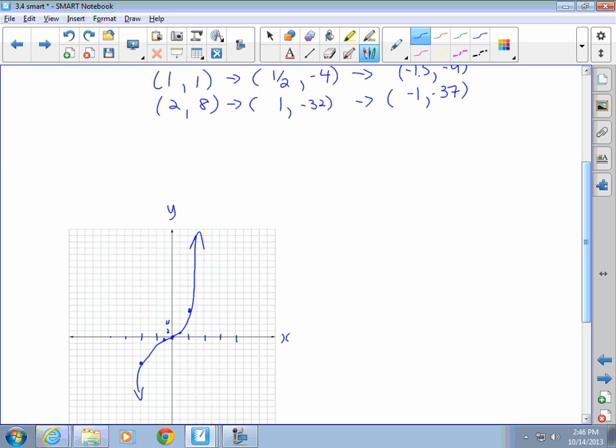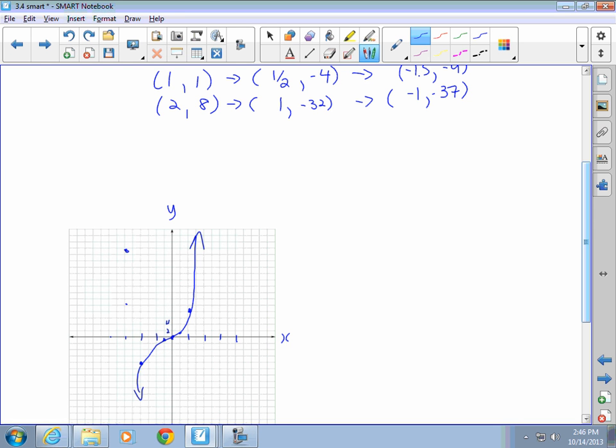So my transformed graph then, -3 and 27. So this is 1, 2, 3, and 27. 2, 4, 6, 8. 12, 14, 16, 18, 20, 22, 24, 26. So halfway in between is about there. -2.5 and -1.